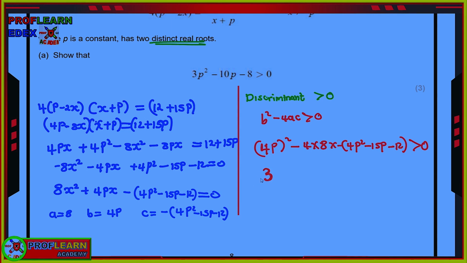Now expanding this, we are going to have 16p squared, and then we put the like terms together so that our equation reduces to 3p squared minus 10p minus 8 is greater than 0.